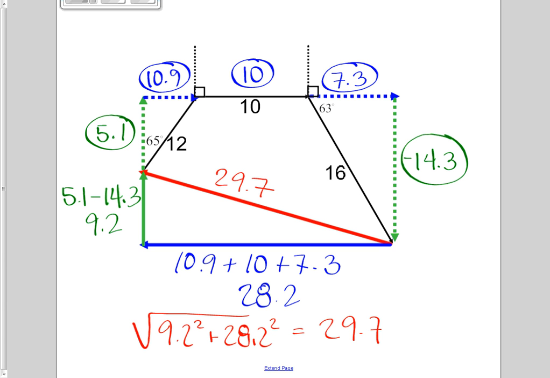Then the last piece is the angle theta that's described on your review as the angle from east. And so if I do an inverse tangent and if I use this 28.2 and this 9.2 to set up an inverse tangent, that's going to give me this angle right in here.